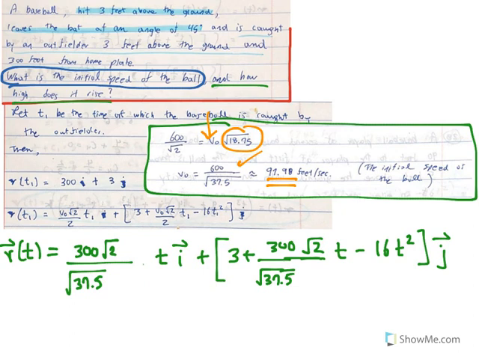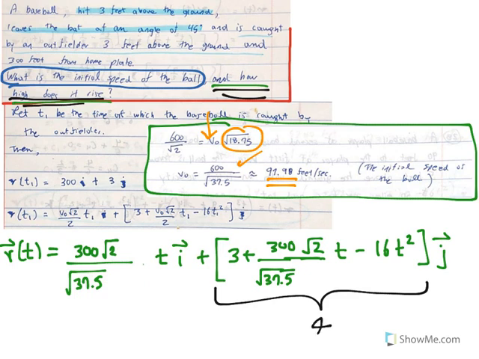So how do we use this to answer the question, how high does the baseball rise? This becomes like example 6 that we looked at in the previous lesson. So what we need to do is look at the vertical component of the position vector. And to answer the question of how high the baseball rises, we want to know the relative maximum of the vertical component of the position vector.